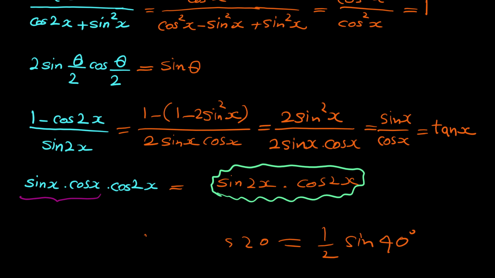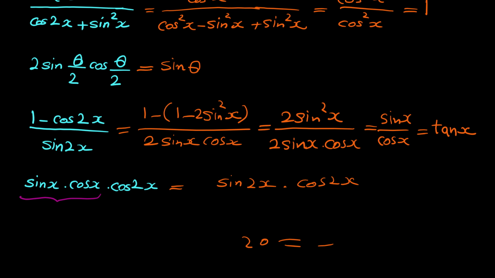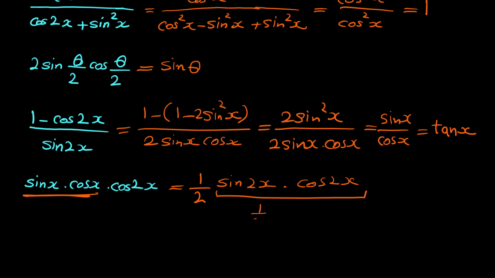Now let's go back to this question that we had here. Instead of this expression, we wrote 1/2 sine of 2x. So let me rewrite again the 1/2 here. Then when we look at this, again by using the identity, sine of 2x times cosine of 2x is 1/2 sine of 4x. So finally this equals 1/2 times 1/2 is 1/4 sine of 4x.